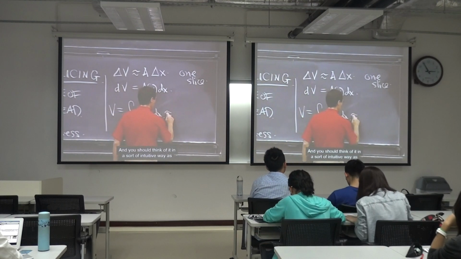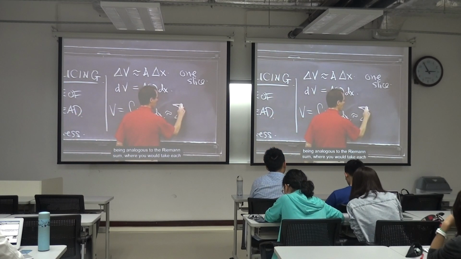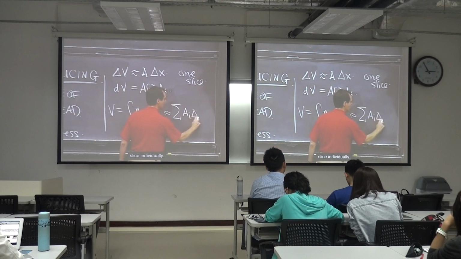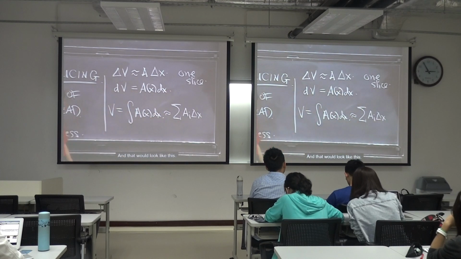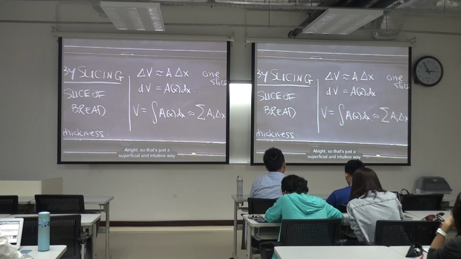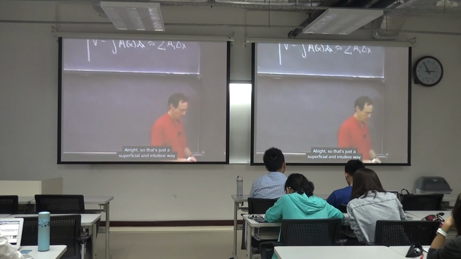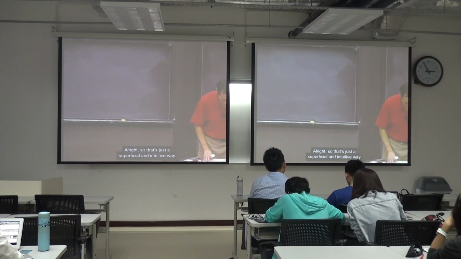And you should think of it in a sort of intuitive way as being analogous to the Riemann sum, where you would take each slice individually, and that would look like this. All right, so that's just a superficial and intuitive way of looking at it.